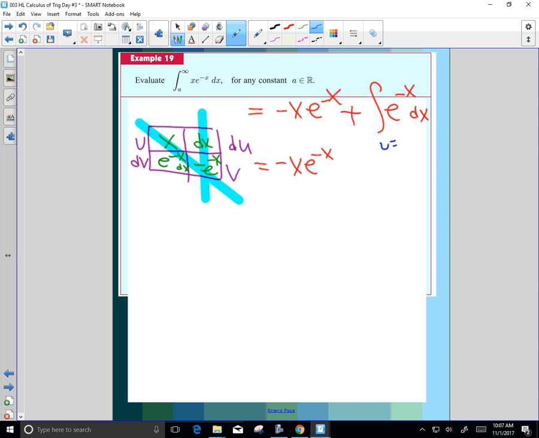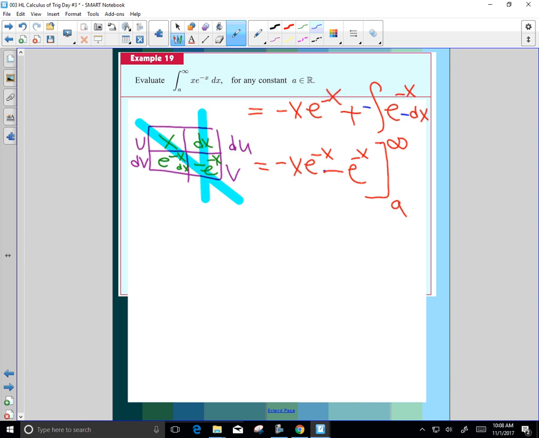Yes, because u is negative x, du is negative dx, and so we've got to put that in. So this is just going to be minus e to the negative x. And we are going from a constant, we could say 2 or 1, but we're going to say a to infinity. Huh?